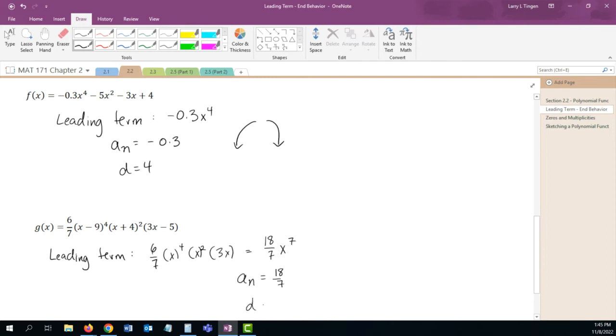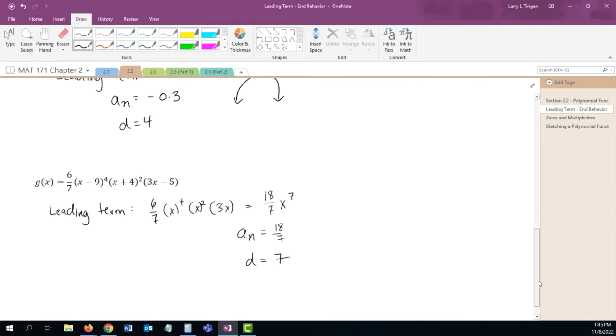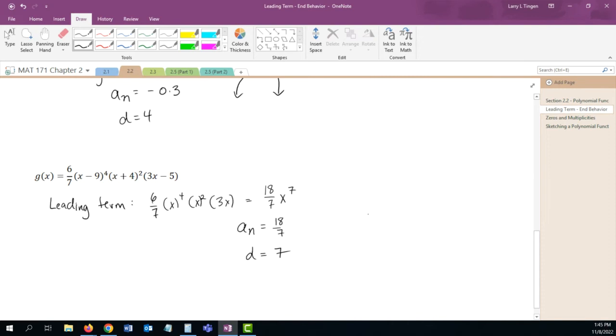Leading coefficient, 18/7. Degree is 7. Now, the degree is 7, which means it's odd. So I either have end behavior that looks like this or end behavior that looks like this. Which one is it? Well, the leading coefficient is positive, right? So if I take a very large positive number, raise it to the 7th power, then multiply by a positive, that number is going to stay very, very large.